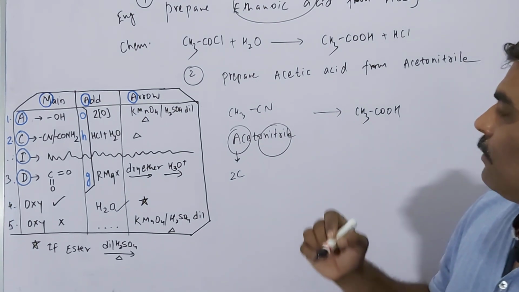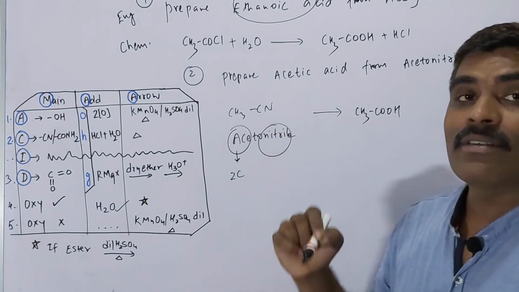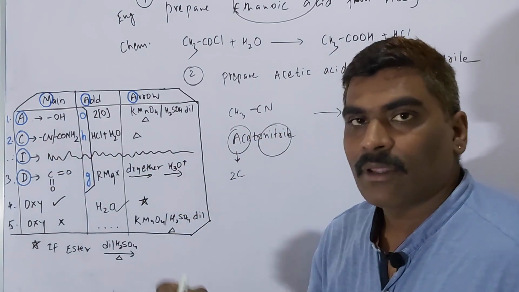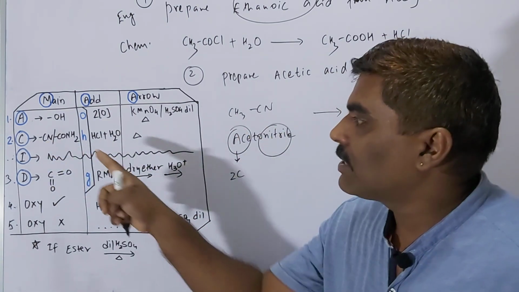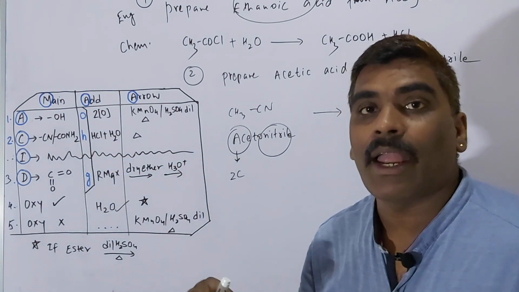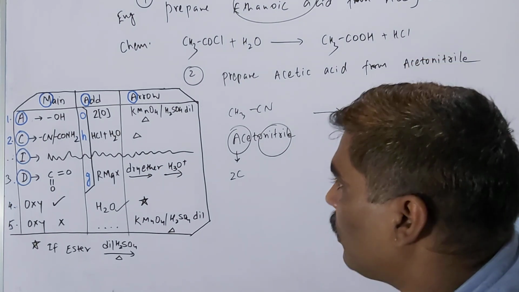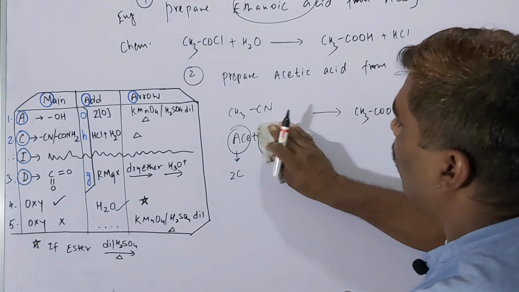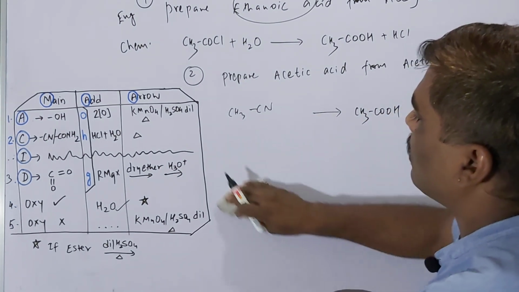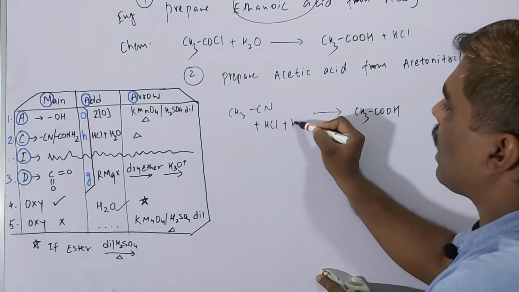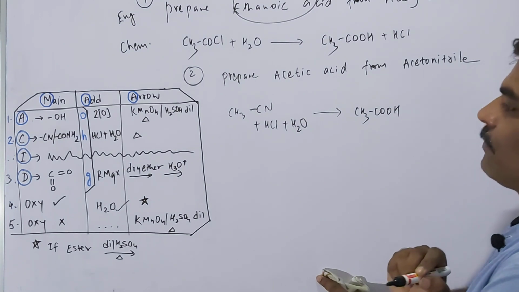Now you try to find out where the cyanide is in this table. So this cyanide is here, second number, second method. In the second method, H for what? Hydrolysis. Which hydrolysis will we do here? We'll do this acid hydrolysis, and for that I will write here acid hydrolysis.